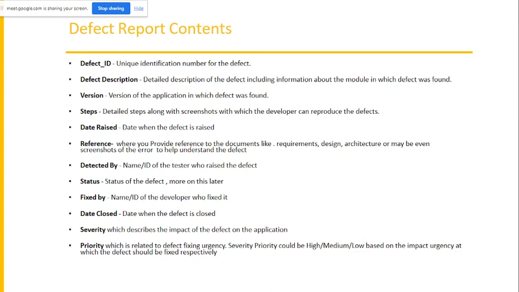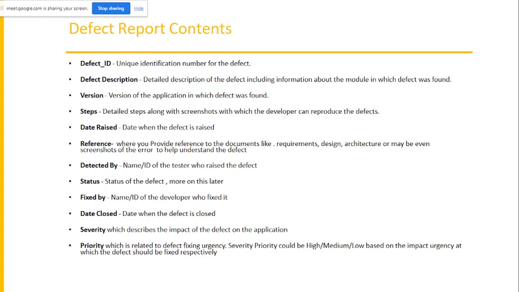The template contains contents like defect ID, defect description, version, steps, date raised, reference, detected by, status, fixed by, date closed, severity, priority. So are you getting my point? Yes, sir.